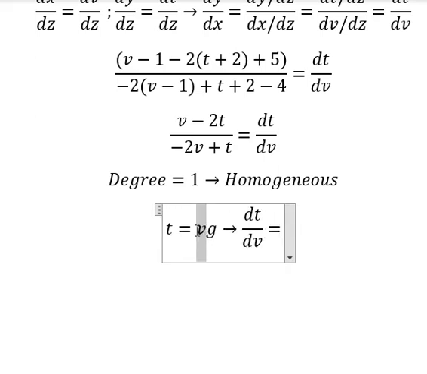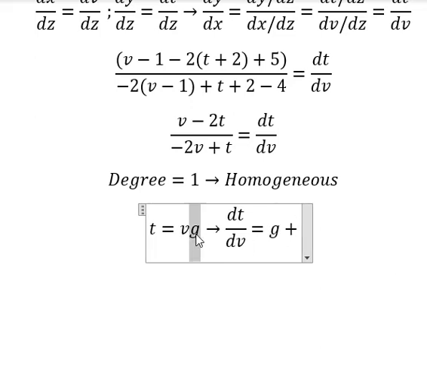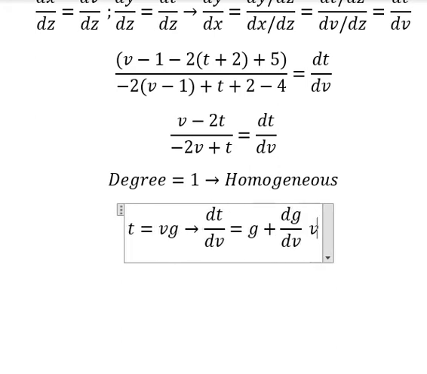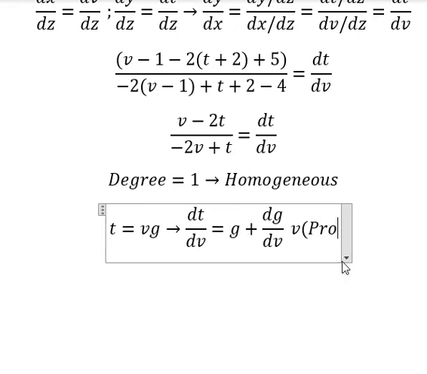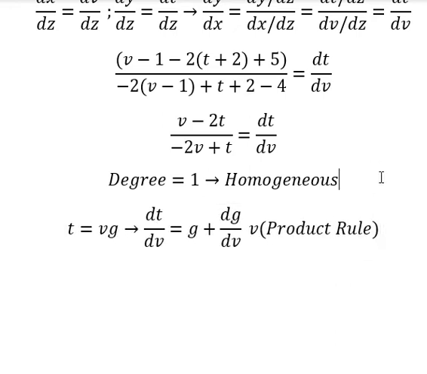First derivative of v, we have number 1. And so we have z. First derivative of z, we have dz over dv multiplied by v. So this is about the product rule of the derivative.